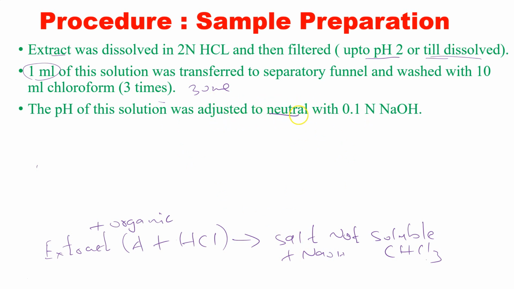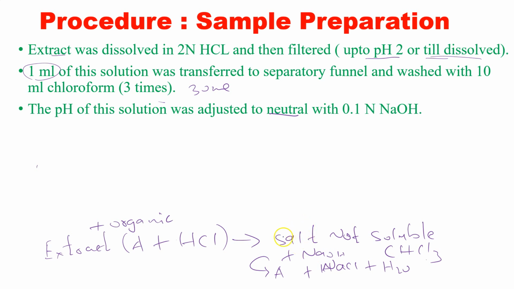Again, there is no volume which has been given, so you need to add until the pH paper becomes neutral. And once the NaOH has been added to it, see, the salt of HCl and NaOH will become NaCl plus H2O, and whatever alkaloid was present, this alkaloid will again separate.